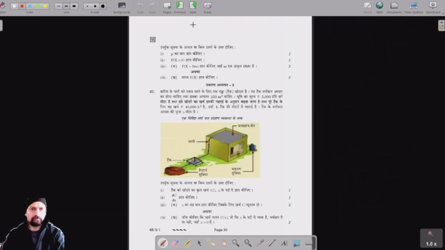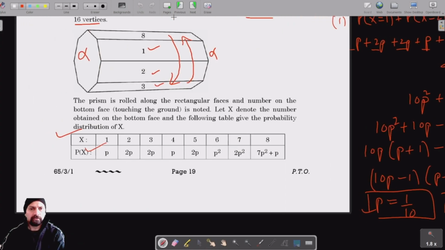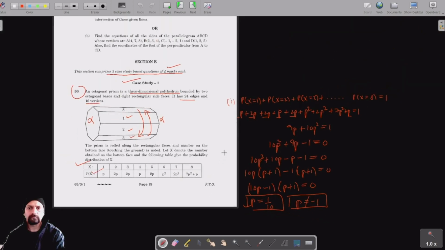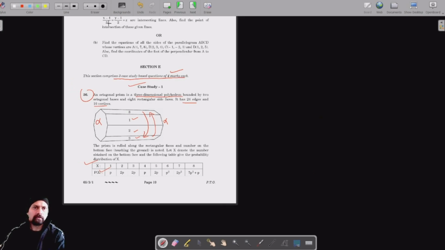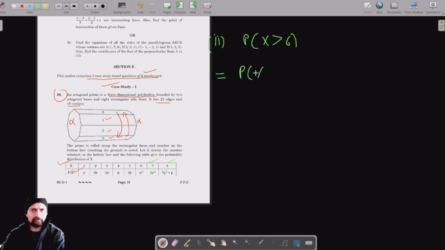Let's move on to the second part. We have to find the probability of x greater than 6. So x greater than 6 are 7 and 8. This is equal to probability of x equal to 7 plus probability of x equal to 8.